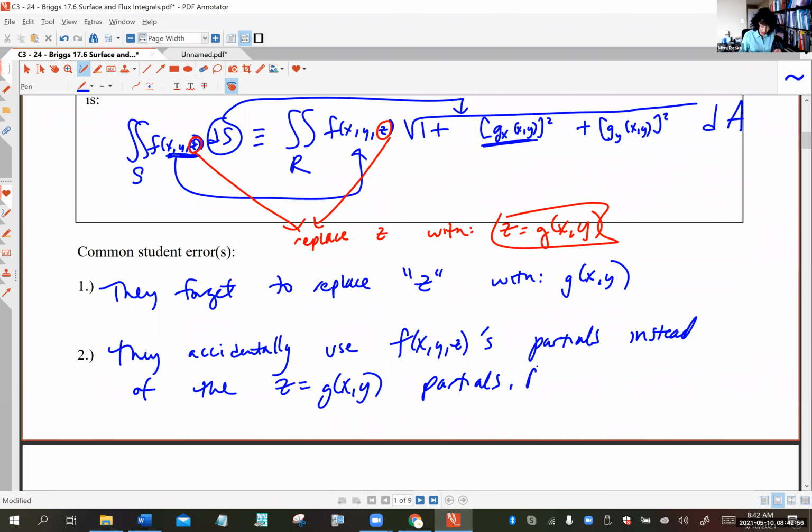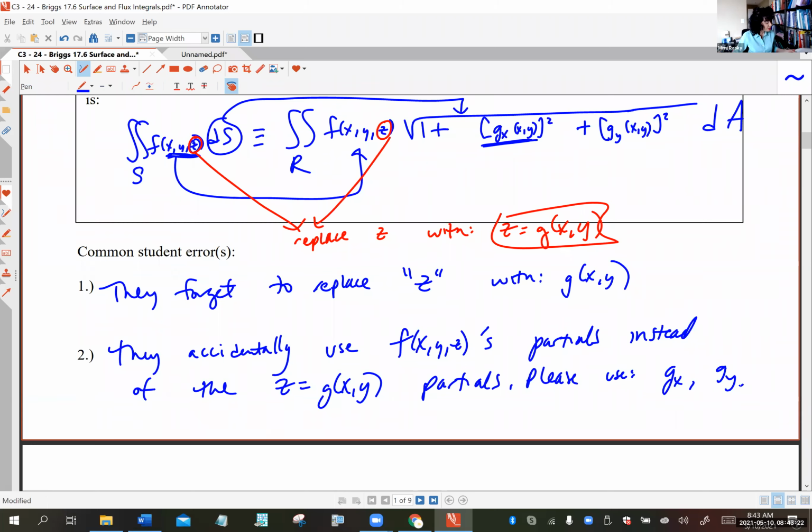So please use the surface partials, not the density function partials. Those are common student errors I've seen. If you make either one of these errors, you're not going to get much credit. I can't really give it to you, not even partial credit. So you have to be really careful when you're doing a surface integral.